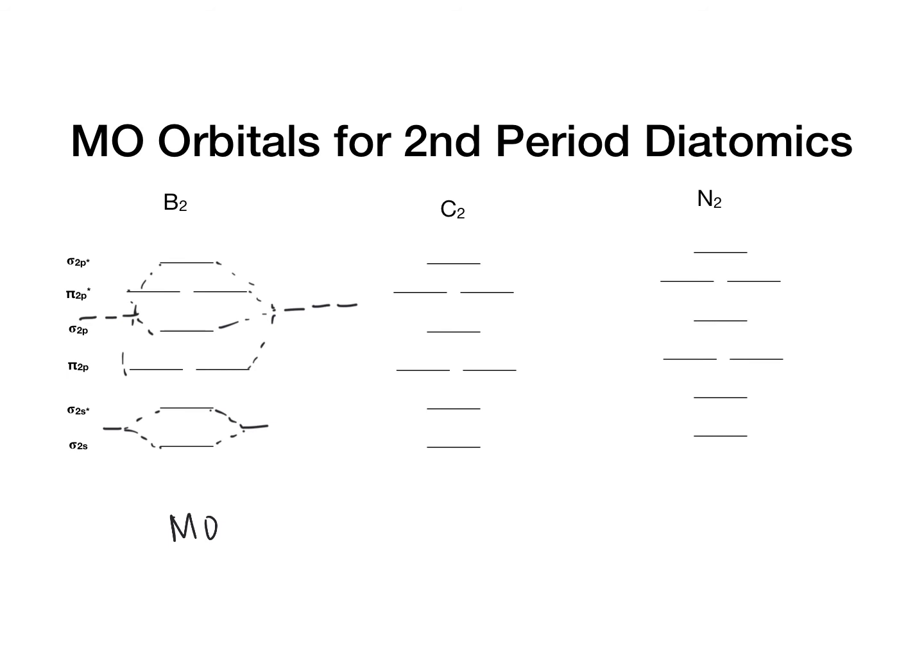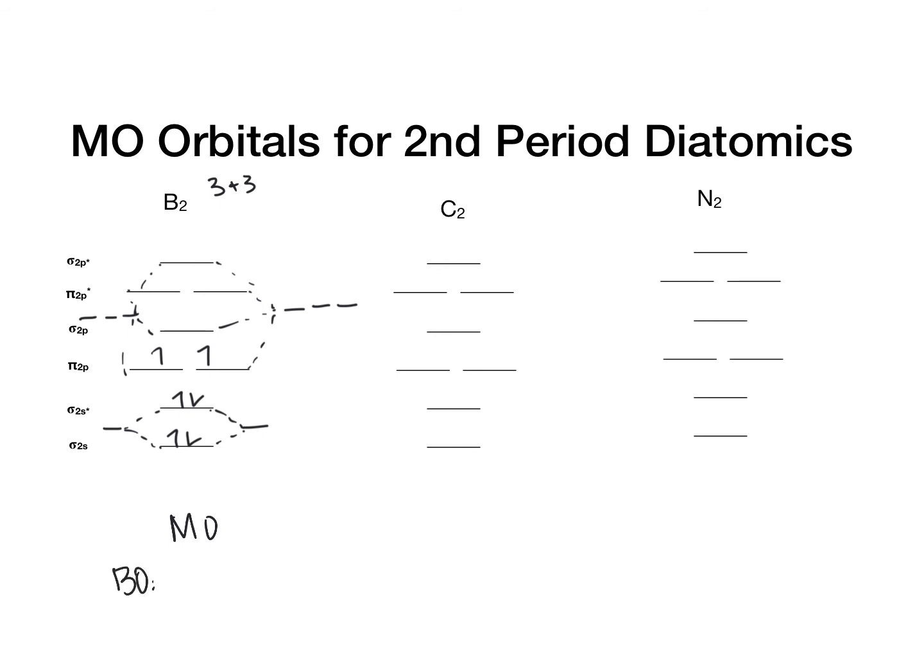The way that we can fill these is by looking at the valence electrons. Boron has 3 valence electrons, 3 plus 3 gives you 6, so you just fill starting at the bottom: 1, 2, 3, 4, 5, 6. In this case, we can ask, what is the bond order for B2?